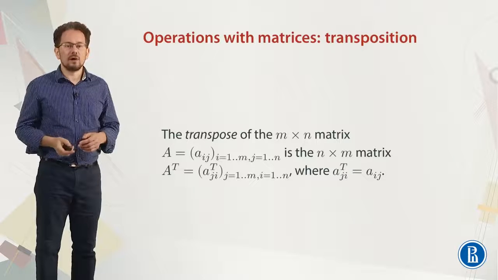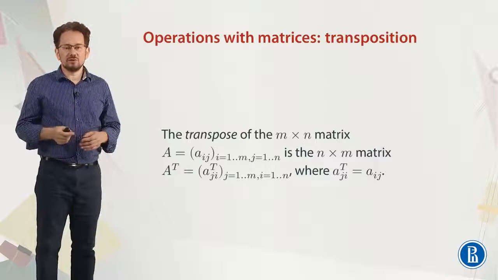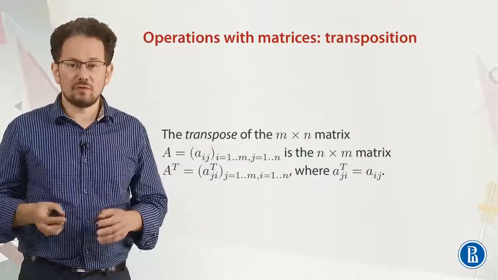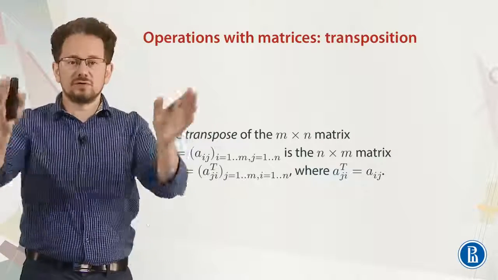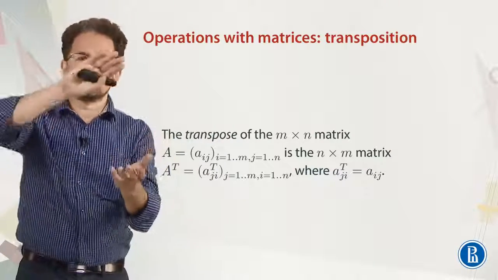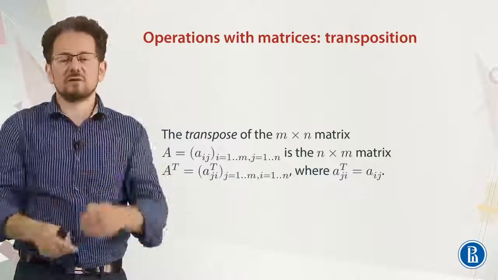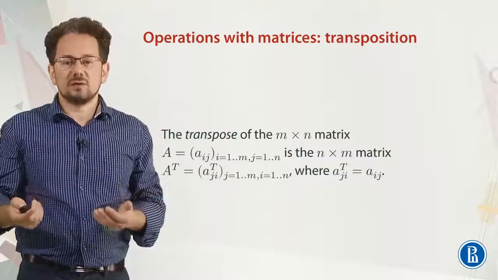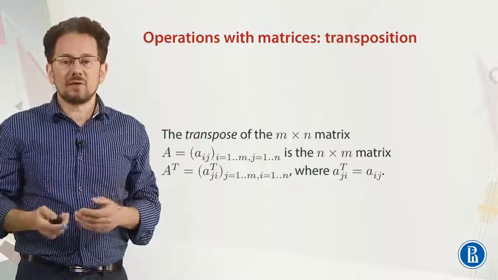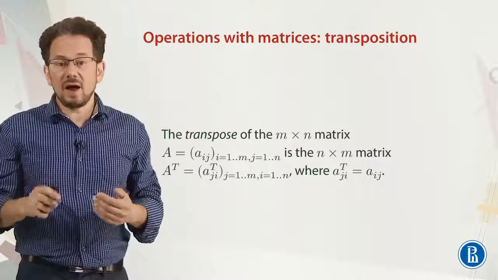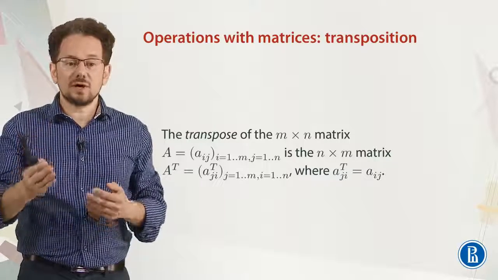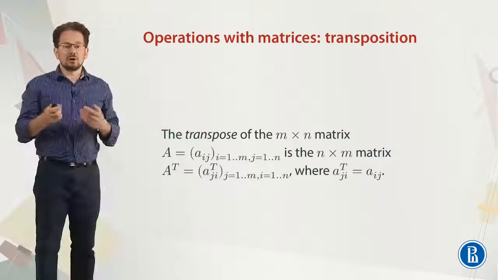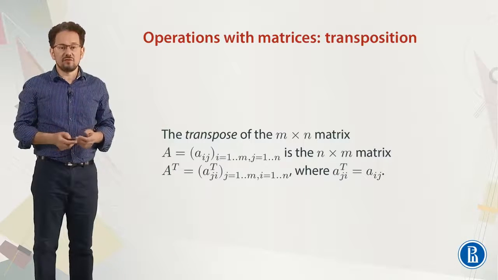Now, one important operation is transposition. If you have some matrix, you can transpose it this way. From an m by n matrix you get a matrix of size n by m. The rows and columns are interchanged in the transpose matrix, so it is given by the following formula.